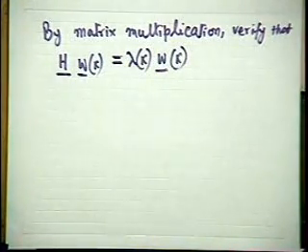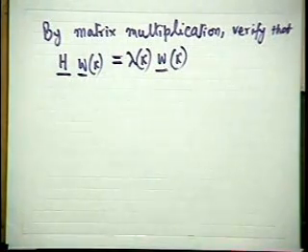So what is the significance of this? Lambda k's are going to be the eigenvalues of which matrix? Of the H matrix. And what are going to be wk's? wk's are going to be eigenvectors.